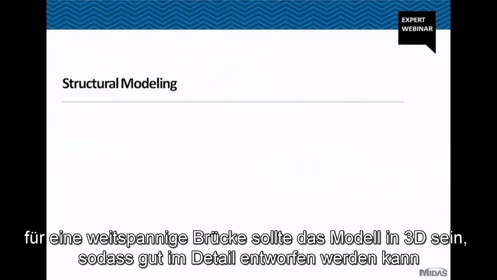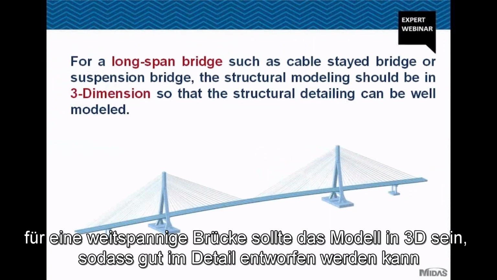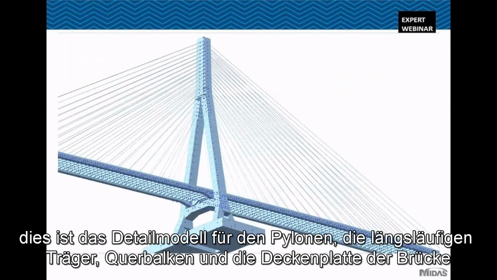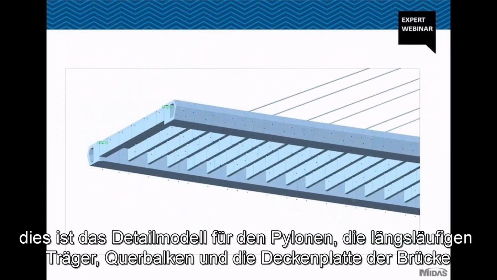Now we will talk about the structural modeling. For a long-span bridge, such as a cable-stayed bridge or suspension bridge, the structural modeling should be in 3 dimensions so that the structural detailing can be well modeled. This is the detailed modeling of the pylon, longitudinal girders, transversal beams, and deck slab of Balang Island Bridge.